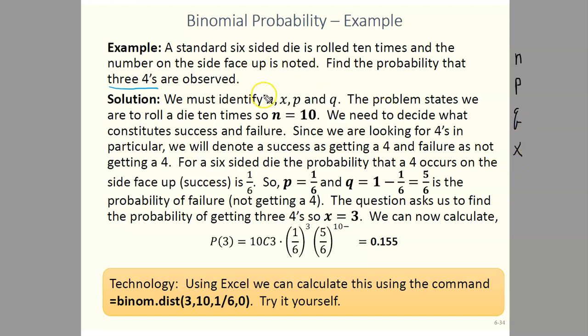Well, we are rolling the die 10 times, so that's our n. Now, what do we consider to be a success? We're looking for 4s on the side face up, so we'll consider a success to be a 4.